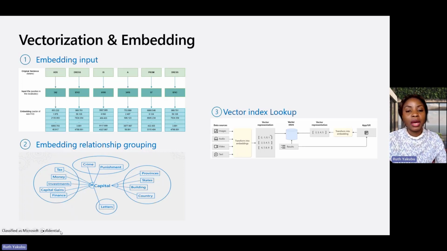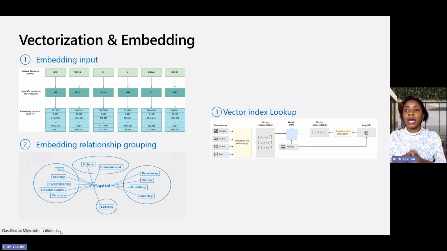So each word, depending on the embedding model that you have, in our case we're dealing with text-embedding-ada-002 out of Azure OpenAI. And that embedding has a huge dictionary of words, or a corpus of words. And basically every single word is linked to a unique number.